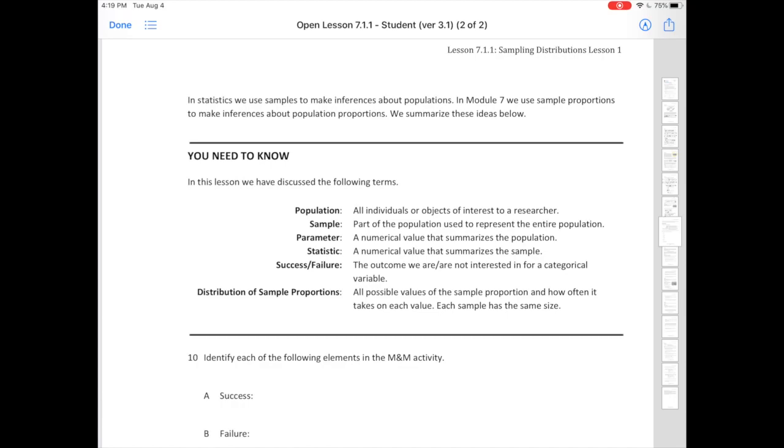The parameter would be a numerical value that summarizes the population. The statistic would be a numerical value that summarizes the sample. A success or failure would be the outcome that we are or are not interested in for a categorical variable. The distribution of sample proportions is all possible values of the sample proportion and how often it takes on each value. Now remember that every sample must have the same size.